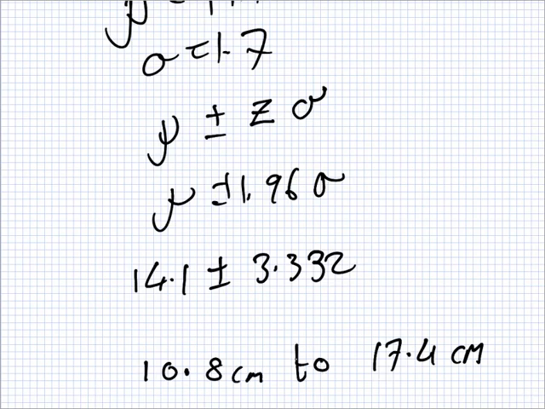So the 95% confidence interval for the size of the bird's wings is 10.8 to 17.4. Well, yeah, it is how it's done.